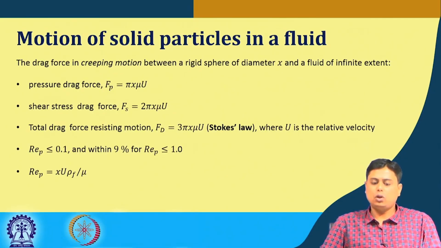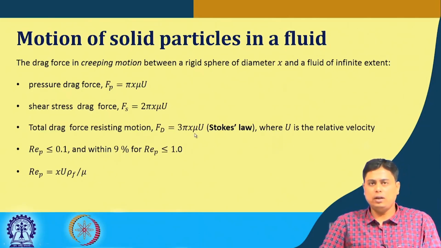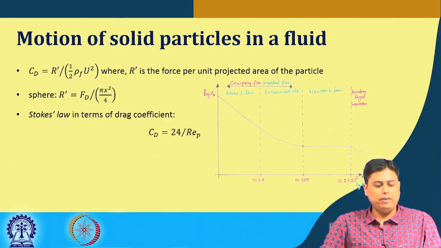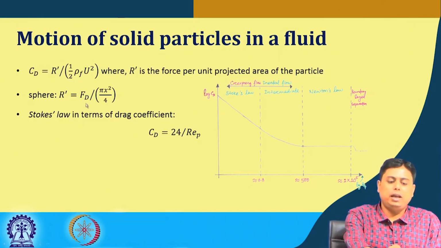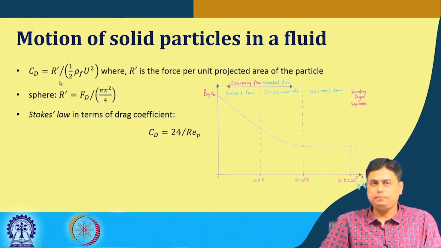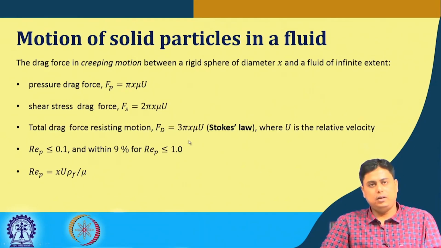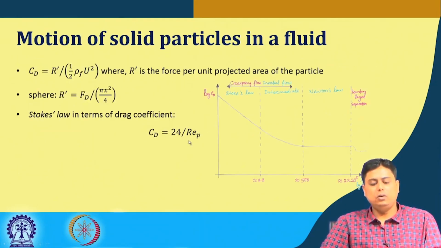So, Stokes' law gives us the drag value Fd as this one, and if we represent this with the CD value, after replacing this Fd with this expression here, then we get the CD value as 24 by Rep.